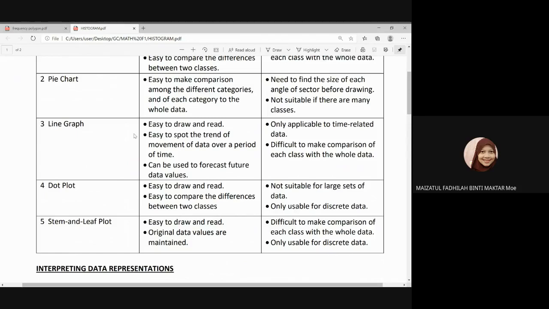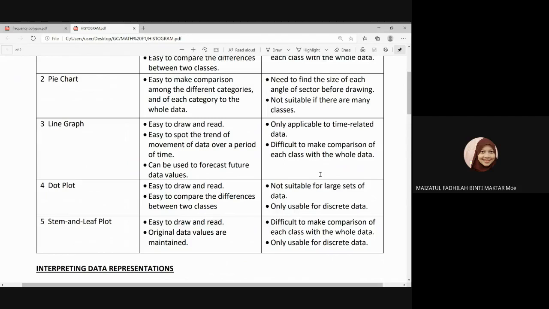You can see that from the example of the COVID data right now, how many persons recovered, so that they can know what can be done in the future. The disadvantages are that it is only applicable to time-related data and it is difficult to make a comparison of each class with the whole data.